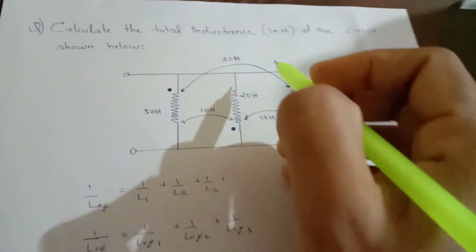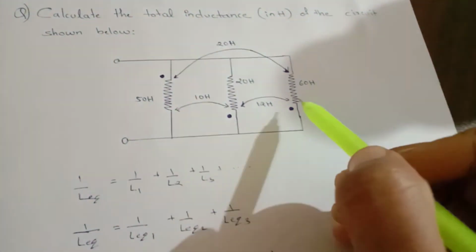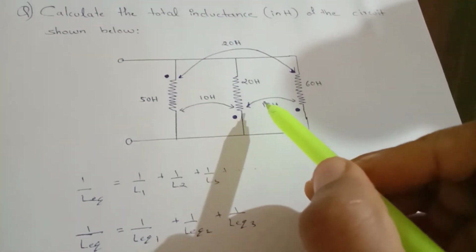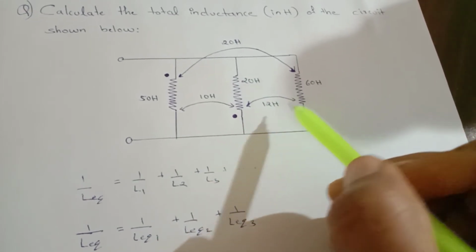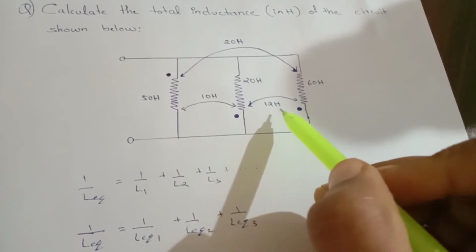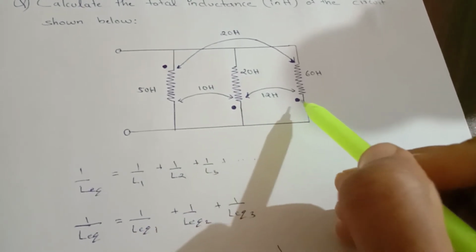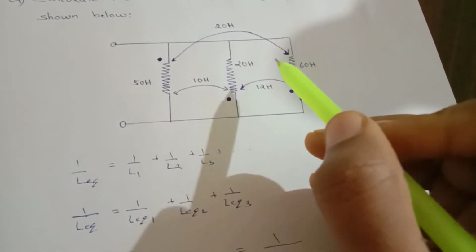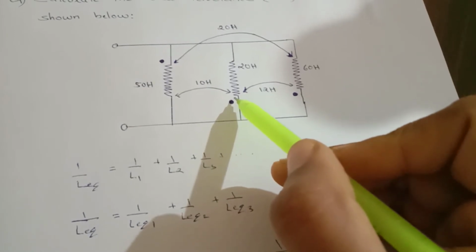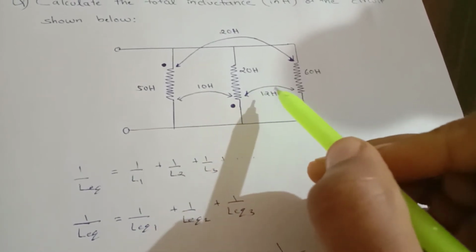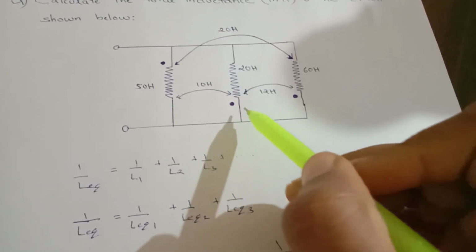Then next we have to consider the second branch and the third branch. When we are considering the second branch and the third branch, you can see that the mutual inductance between them is 12 Henry, and here the current is leaving and here also the current is leaving. So we will consider a positive sign. You have to remember, when both the currents are entering or both the currents are leaving, then we will consider the positive sign.